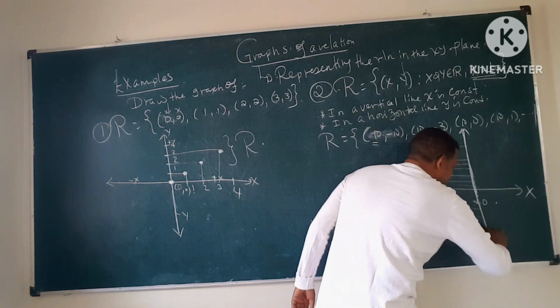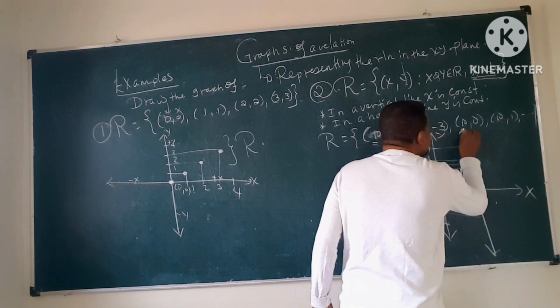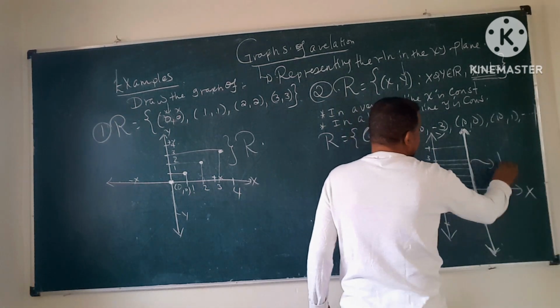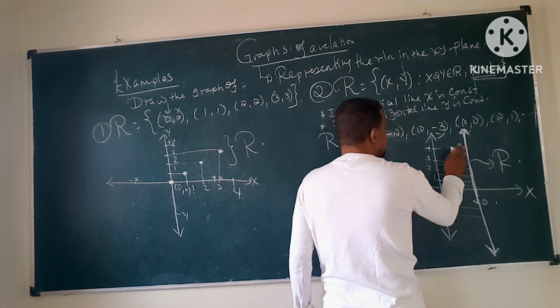Look ይሄ ነው 10 ላይ የሚያልፍ vertical line ነው 10 ላይ የሚያልፍ this is the graph of our relation. This is the graph of what?